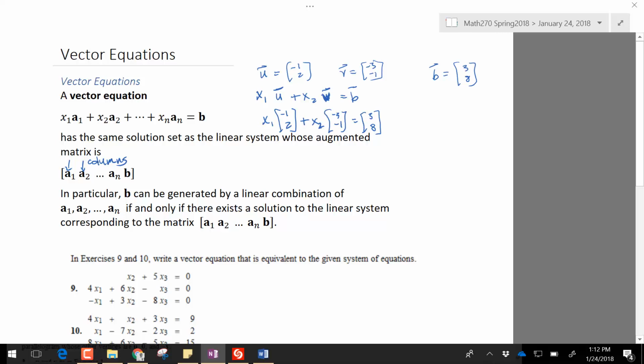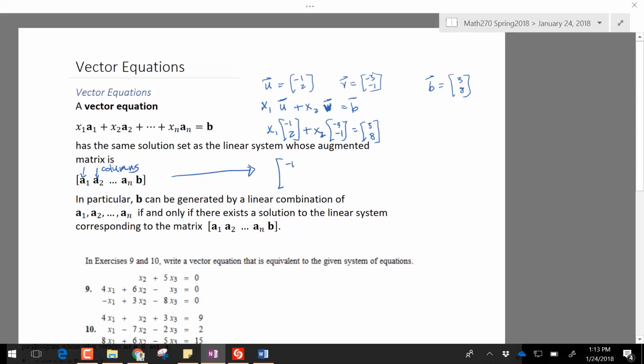The vectors and then even the b vector as columns. And so that translates our vector equation into this augmented matrix, negative 1, 2, negative 3, negative 1, and I'm writing them and saying them in columns.